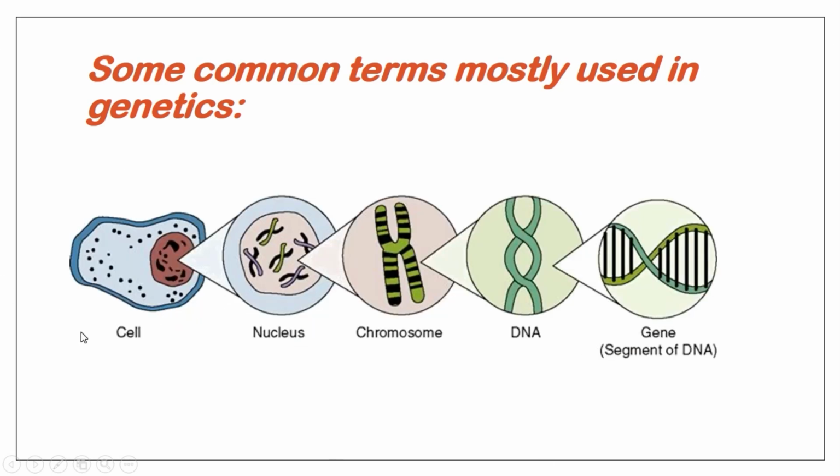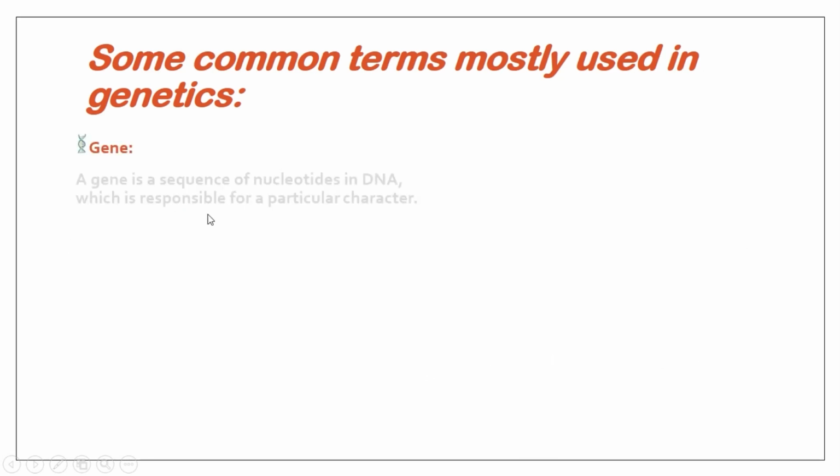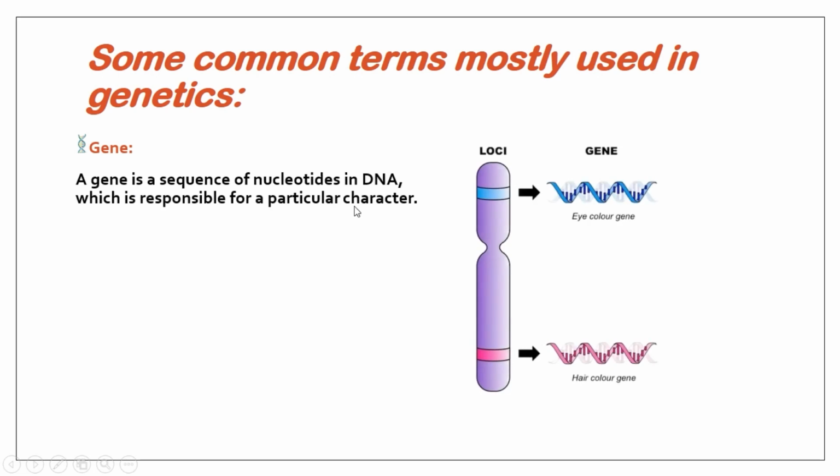In this picture, again, we can check ourselves that there is a cell. Inside cell, there is nucleus. Inside nucleus, there are chromosomes. Inside chromosomes, there are DNAs. And each segment of this DNA is called a gene. So, as a definition, we can say that a gene is a sequence of nucleotides in DNA which is responsible for a particular character.